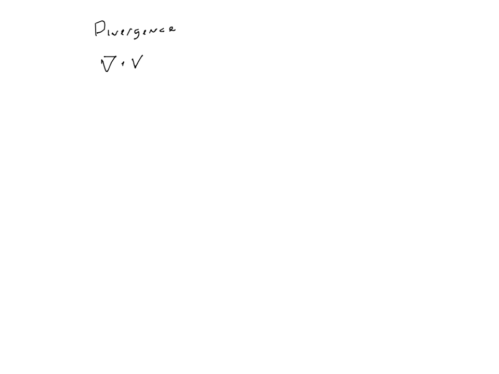Now, the divergence is basically taking the dot product of your del operator and some vector, right? And so this is literally going to be just taking your covariant derivative, which is the same thing as taking partial VI with respect to Q I plus VK Christoffel symbol IK.